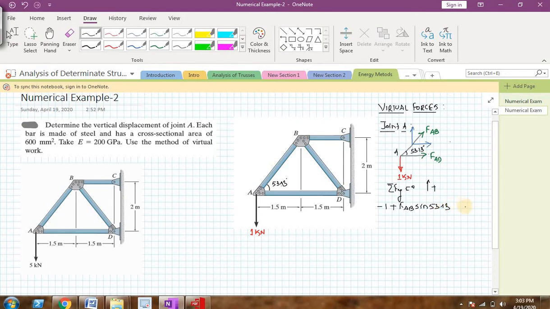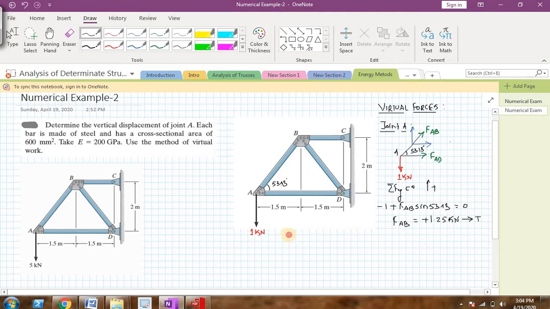No other force in the vertical direction, so equate it to 0. I will get the value of FAB as plus 1.25 kilonewton. Since I'm getting a positive value and my assumption was tension in the member AB, my assumption is correct. So it has a tensile force.